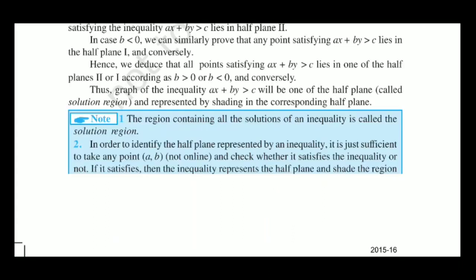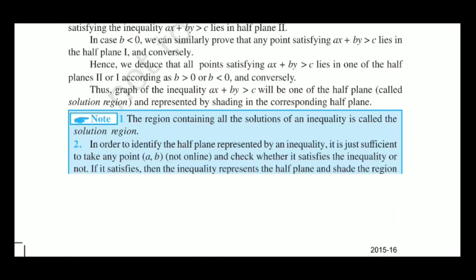Before starting the graphical solution for inequalities, you can see here some important points. The first point is that the region containing all the solutions of an inequality is called the solution region. In order to identify the half plane represented by an inequality, it is sufficient to take any point (a, b) and check whether it satisfies the inequality or not.